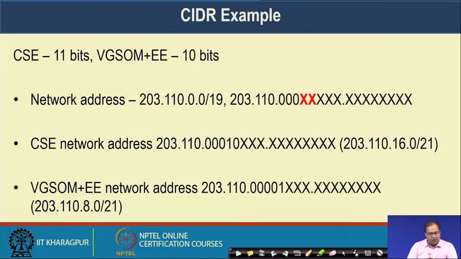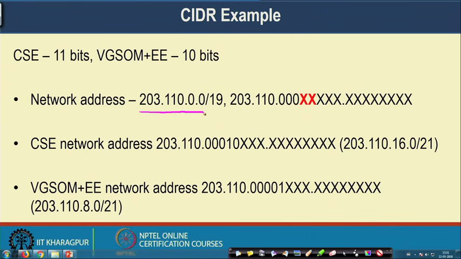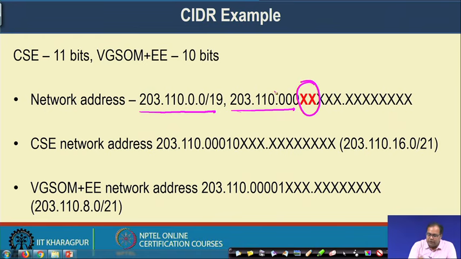serve all the hosts. So, that was my original network address 203.110.0.0/19. So, this is up to my network address part, and this x we can use as the host and the subnet bits. So, we take these 2 bits, and using these 2 bits we divide it into 2 different subnets.